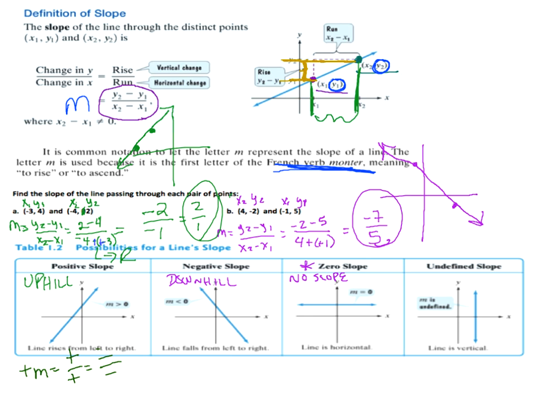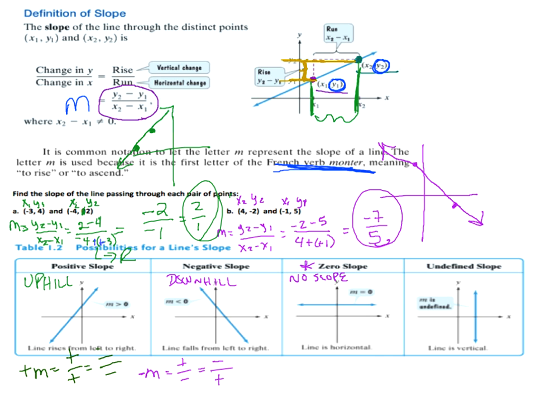Negative slope. With negative slope, you're always going to get some positive divided by a negative or some negative divided by a positive, because that's all just a negative number.